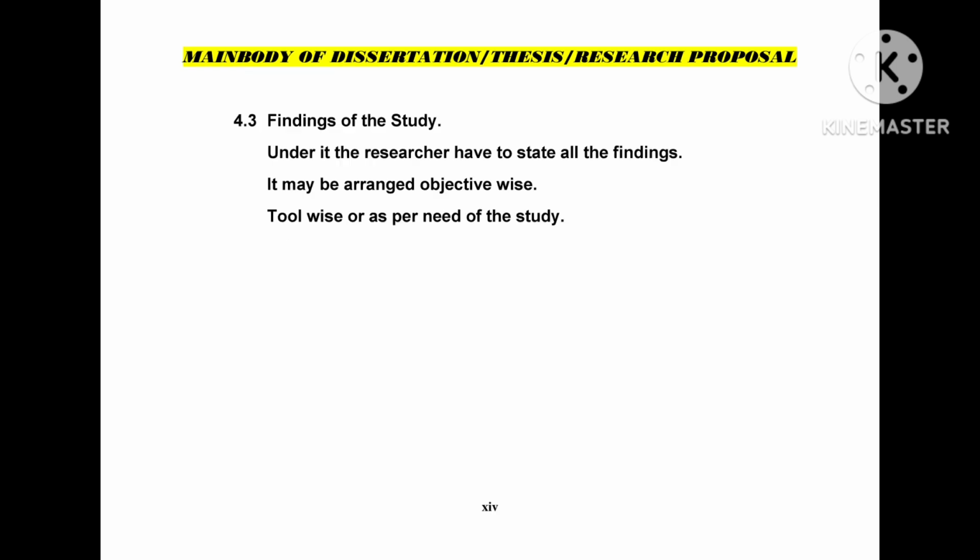Then here come findings of the study under 4.3. Findings of the study is most important. It is the theme of the research, we can say. Under it the researcher has to state all the findings, arranged objective-wise or tool-wise as per the need of the study. After analysis we get findings, and findings are the most vital part of our research.